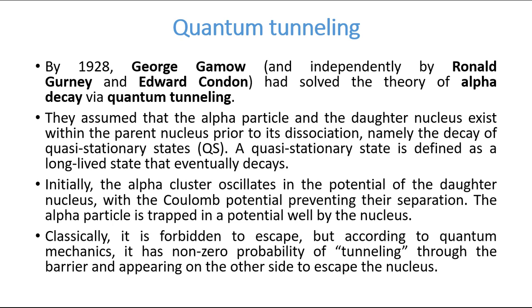But still we have alpha decay, which can be explained only by quantum tunneling. It means the transmission probability of the alpha particle is higher if it has more energy. Classically it is forbidden to escape, but according to quantum mechanics it has a non-zero probability of tunneling through the barrier and appearing on the other side, escaping the nucleus.